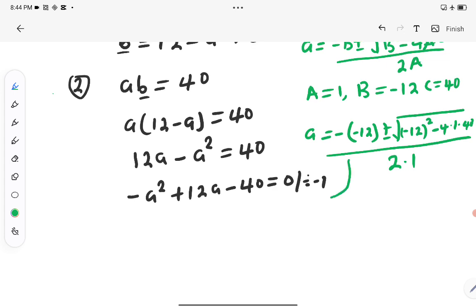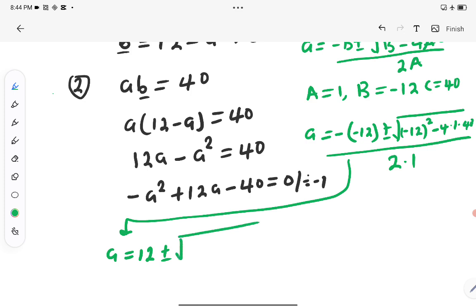Then from here, A is equal to minus multiplied by minus 12, this is 12 plus or minus square root of minus 12 square, that is 144, minus 4 multiplied by 1 multiplied by 40, that is 160, over 2 multiplied by 1, that is 2.